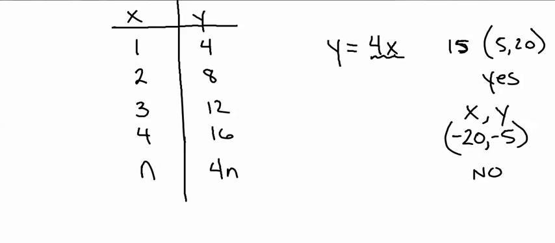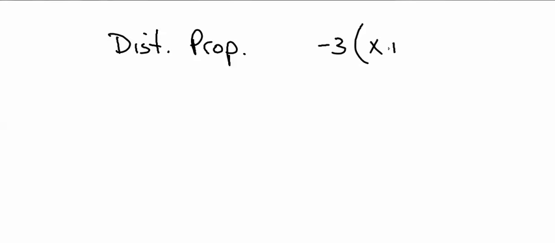Let's talk about the distributive property again real quick. Remember distributive property? We talked about it last week. If you got a -3 and you got to multiply it by x plus 7, that means the -3 multiplied by x and the -3 multiplied by the 7. So you get -3x. And what's -3 times positive 7? -21.